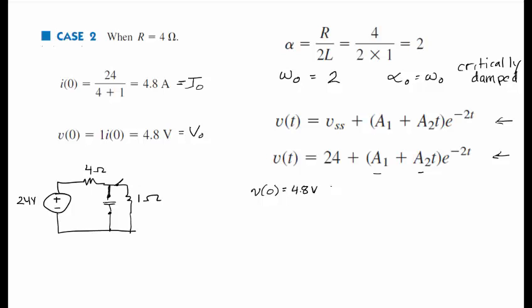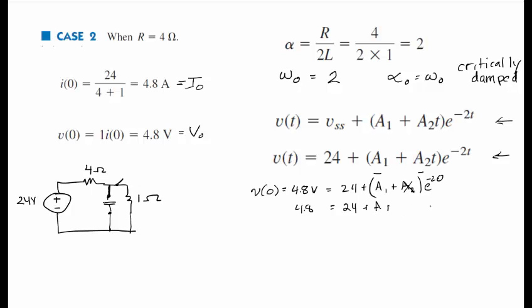We just found that, and so we put t equals 0 into this equation right here, so 4.8 volts equals 24 plus A1 plus A2 t. t is 0, so A2 goes away, and e to the minus 2 times 0 is 1, and we get 4.8 equals 24 plus A1.